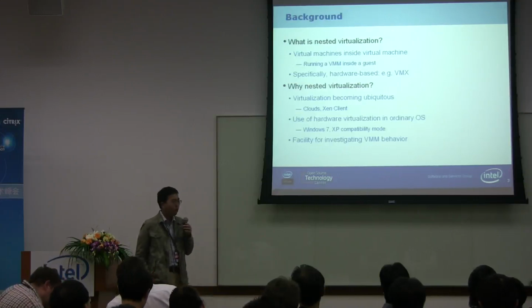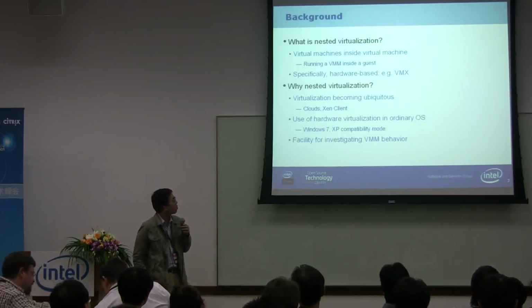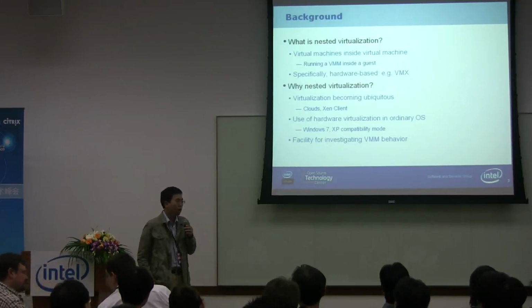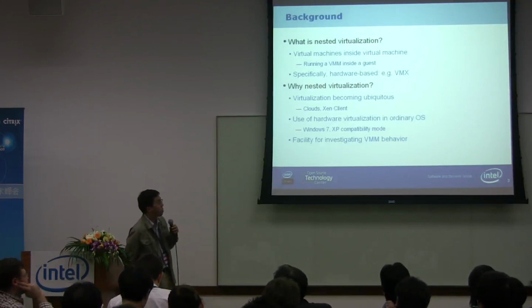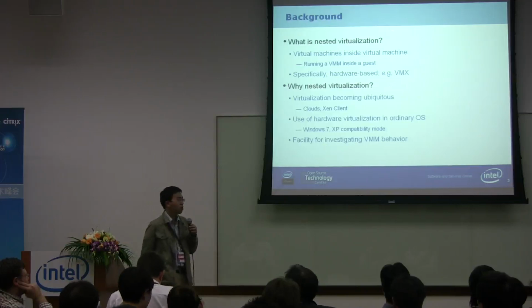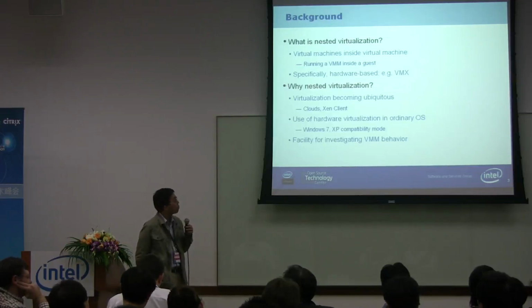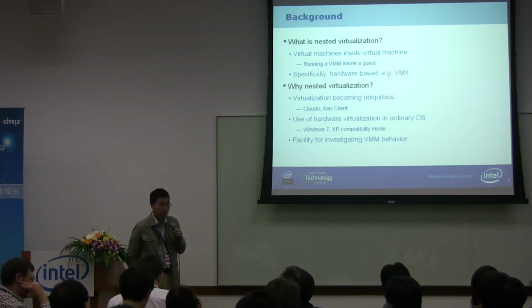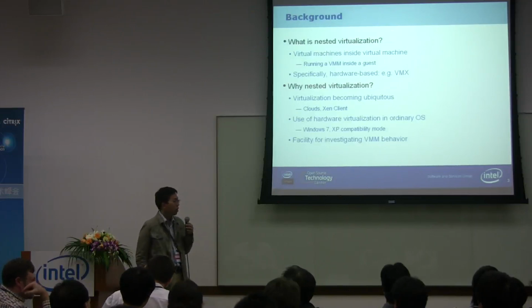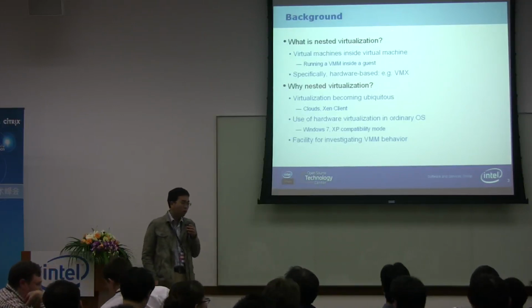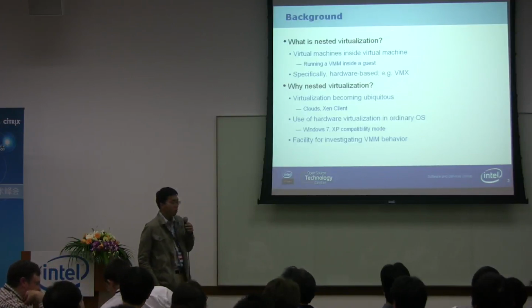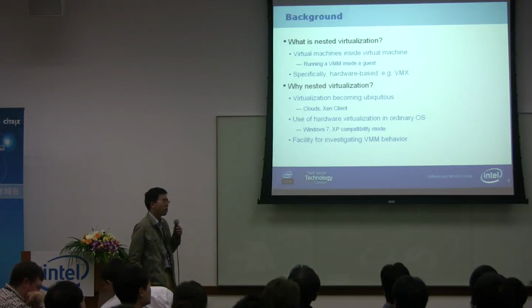This idea was quite naturally implemented in the older VMMs because at that time software technologies were used. We used software-based technology to realize the VMM, and at that time this was quite natural. But since the introduction of hardware technologies like Intel VT or VMX, things have changed, because now the VMM relies on some special hardware, where this kind of hardware has never actually been virtualized in the VMM.